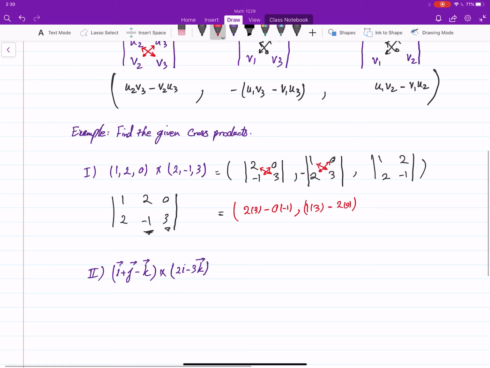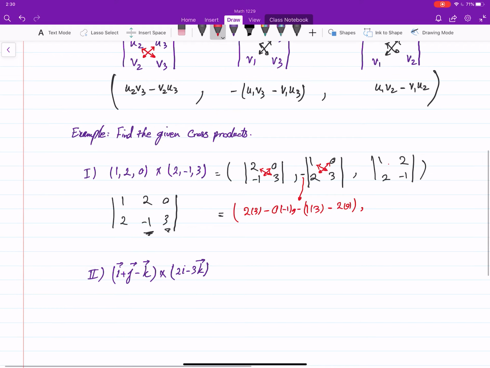But everything needs to be multiplied by a negative sign for the middle one, only the middle one. And for the third one you multiply these two, 1 times negative 1 minus 2 times 2.